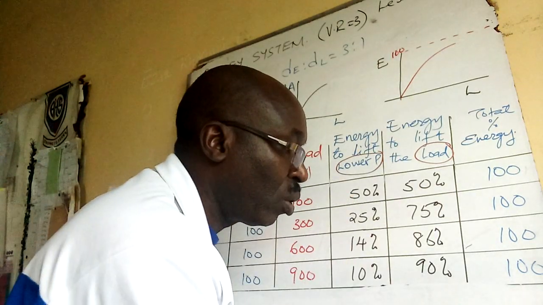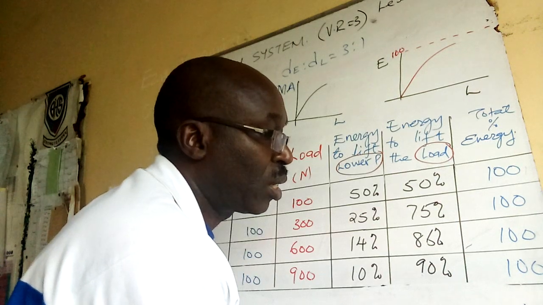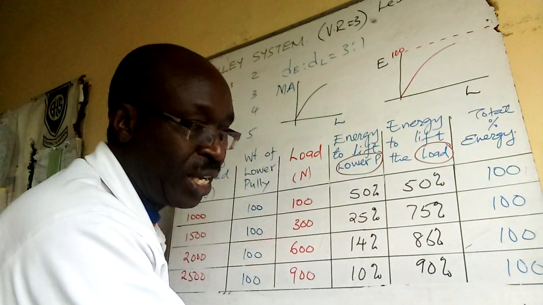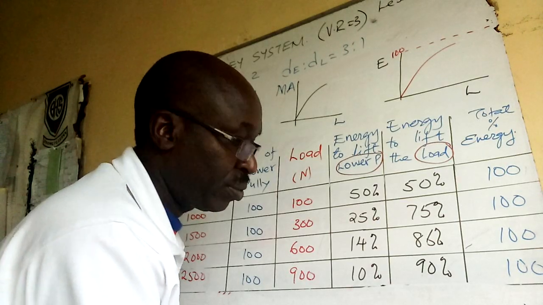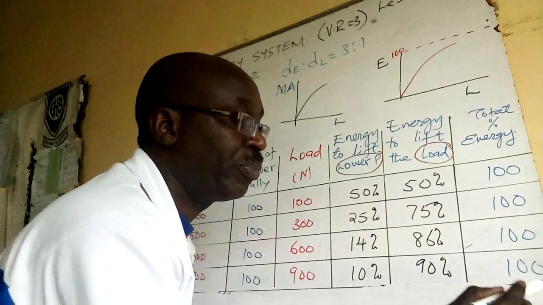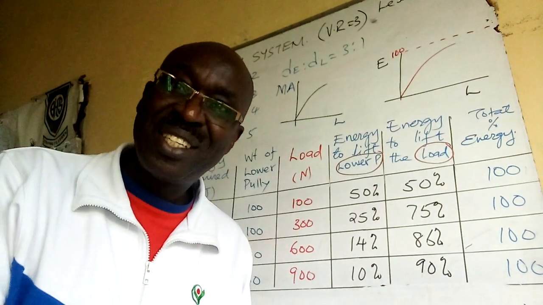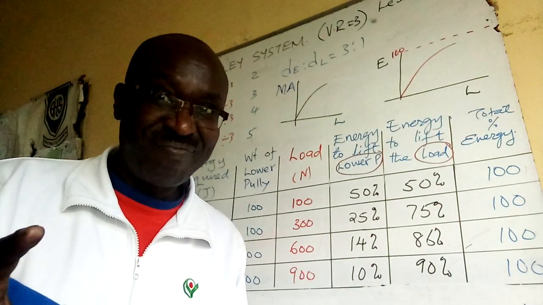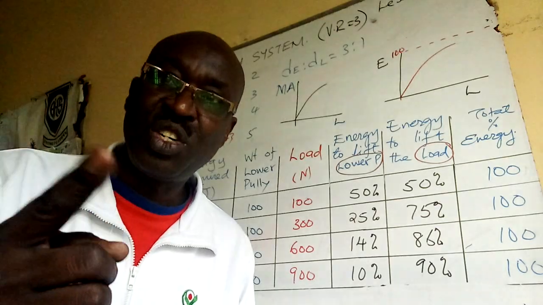Then you do work output over work input. The figure you get here must equal to this. If this is letter P, even this will be letter P. I want you to work that and see. It's nice. Take your time. You have to reason logically. Logical reasoning. You are an engineer. You are a teacher. You are a doctor.